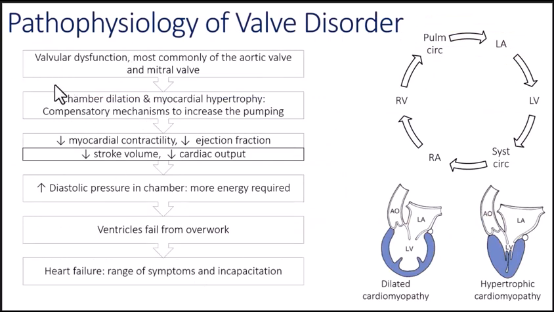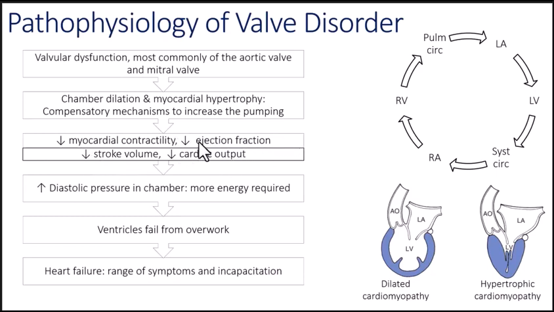So just a bit of a summary here with valve dysfunction causing chamber dilation and myocardial hypertrophy. These are really initially compensatory mechanisms to deal with the changes, but ultimately they fail. The myocardial muscles cannot contract the way that they should, and there's a reduction in the amount of blood that is pumped out, so reduction in stroke volume and cardiac output.